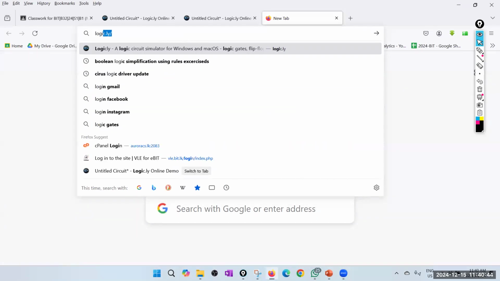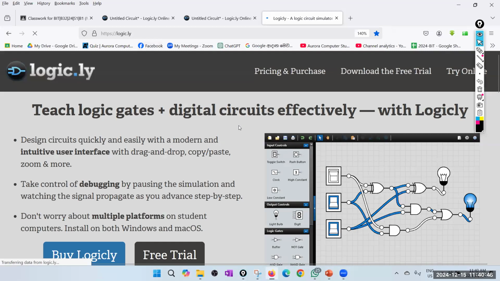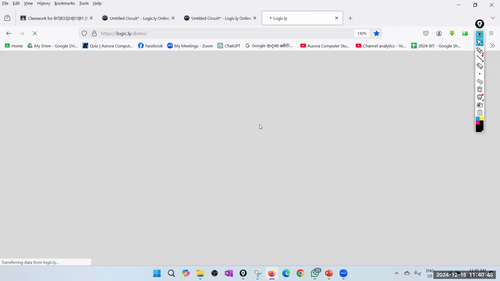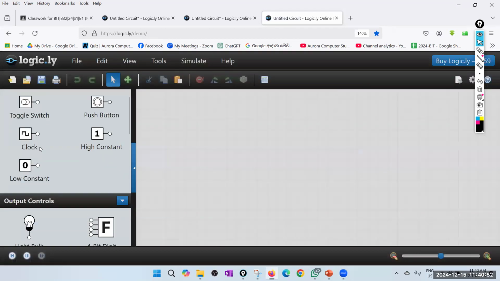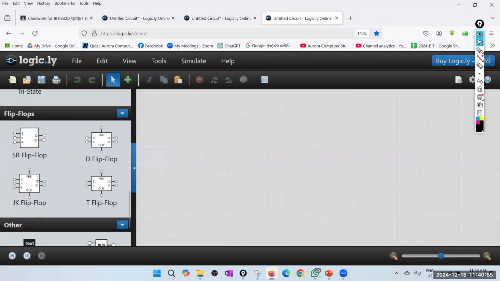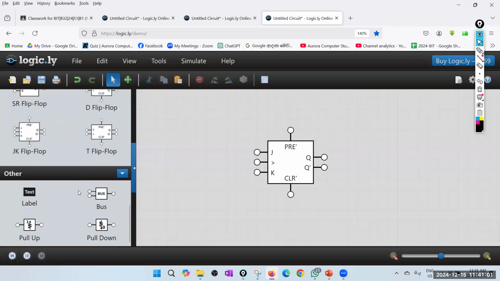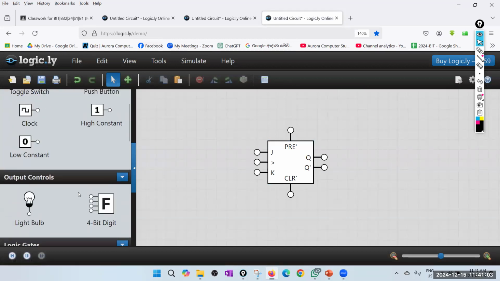Logically, do we have a JK flip-flop? Yes, JK flip-flop is there. Then you need to add a clock also.